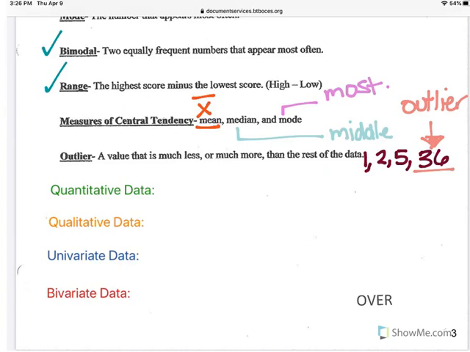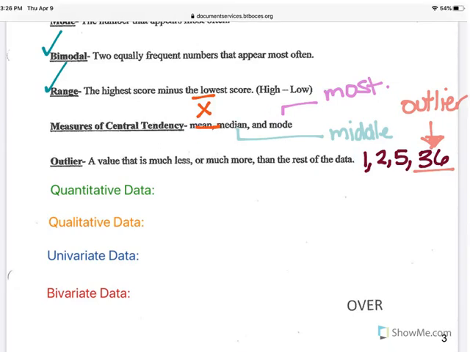Okay. At the bottom of the page, we are going to add 4 definitions, and those 4 vocabulary words are quantitative data, qualitative data, univariate data, and bivariate data. We have to understand these 4 vocabulary terms before we can do our bell ringer today.